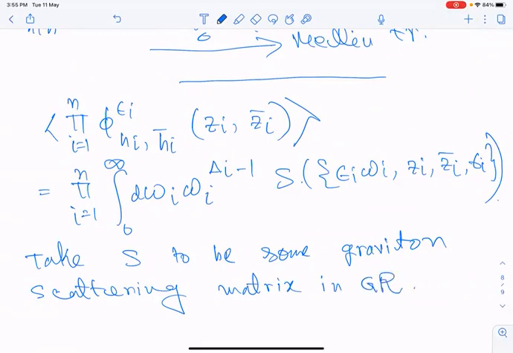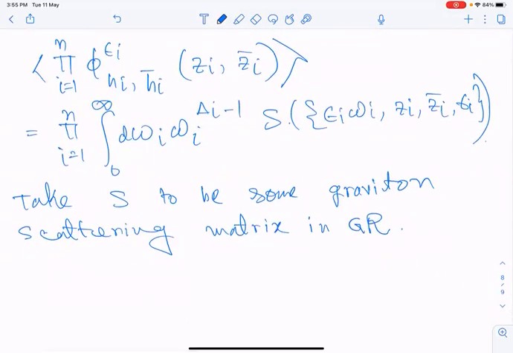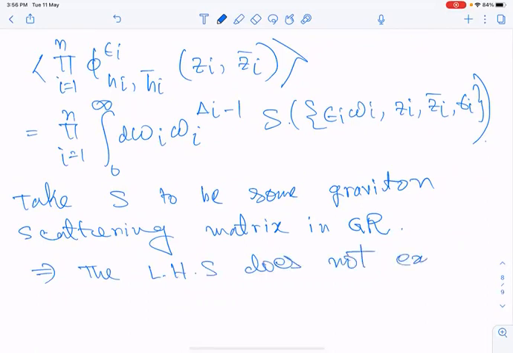Because of the bad ultraviolet behavior of GR, which you all know about, this integral does not actually exist. So the LHS does not exist in this transformation. That you can see.